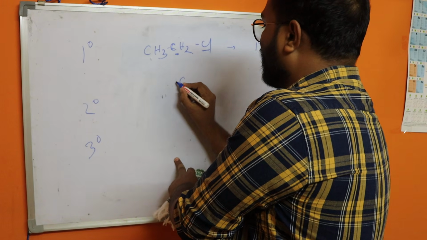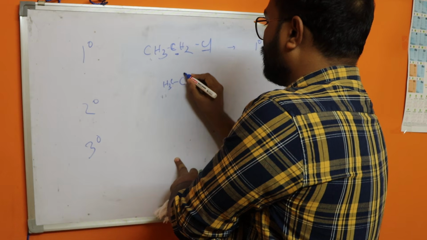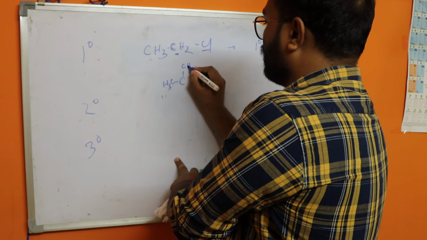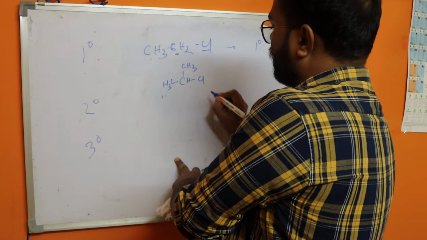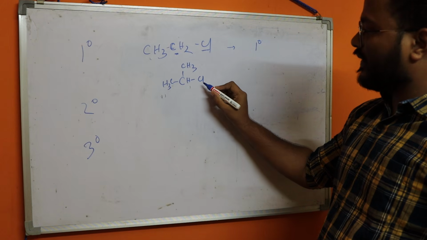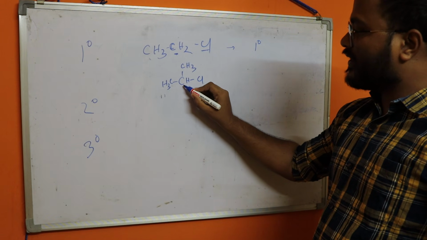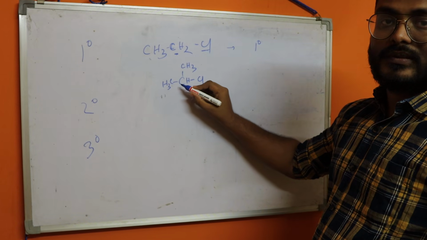Now if you see another example, in this case, if you notice carefully, the host carbon is connected to 2 other carbons, right?